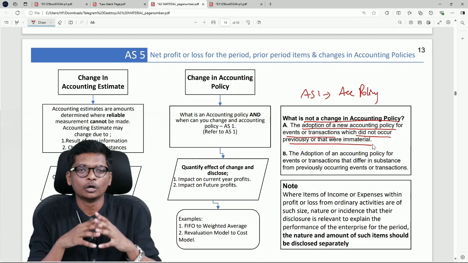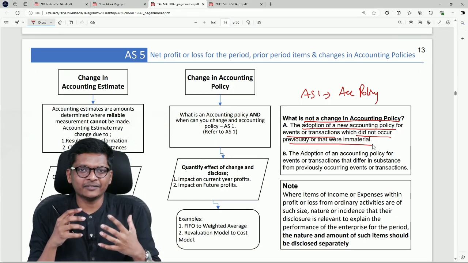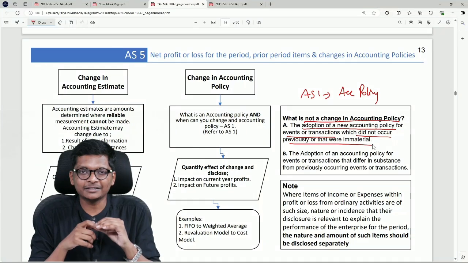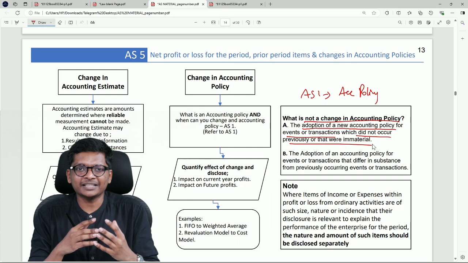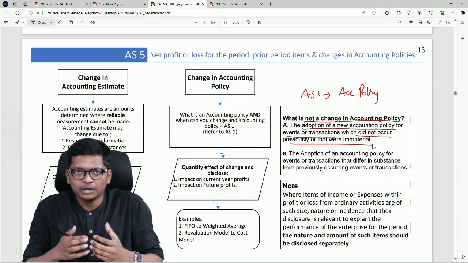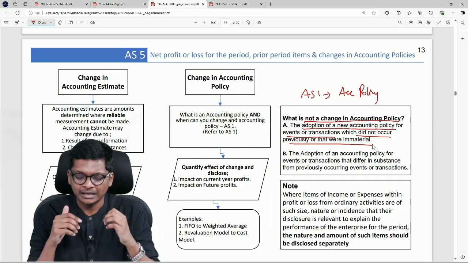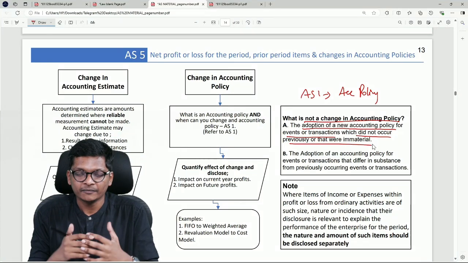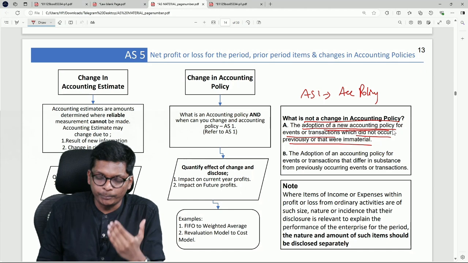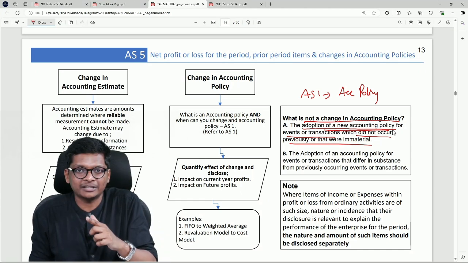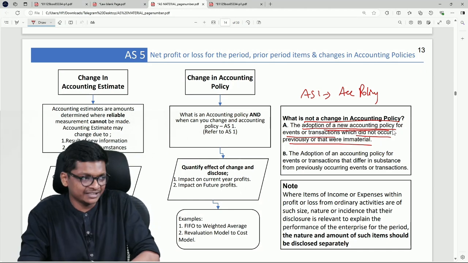Now I am saying, okay, from now, yearly once for you vacation. Joking, guys, but yearly once for you vacation, go for Goa and come 5 days. I am introducing a new policy which was not there before itself. So, adoption of a new accounting policy is not a change in accounting policy, it is introduction of accounting policy.